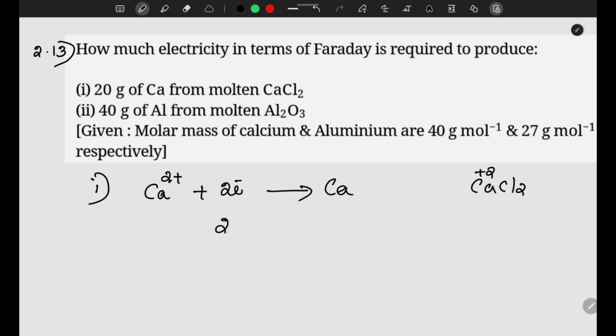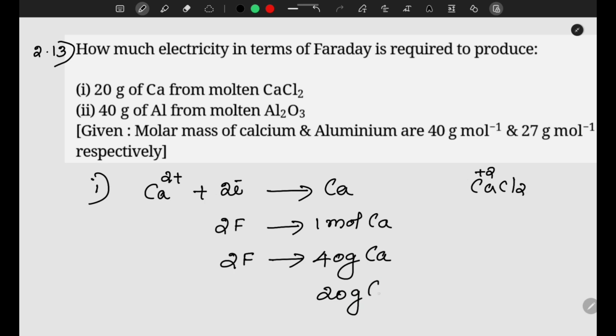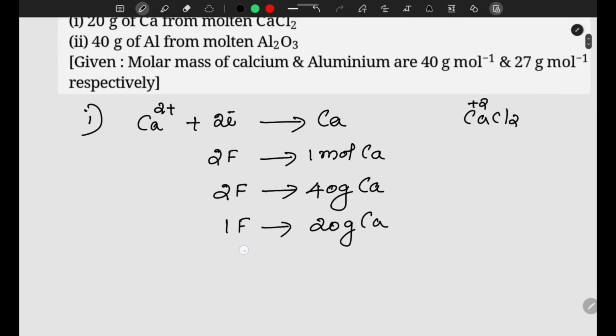Charge of 2 moles of electron, that's 2 Faraday. 2 Faraday will give you 1 mole calcium. That is, molar mass of calcium is 40 gram. So we get 40 gram of calcium by using 2 Faraday. Therefore, to get 20 gram of calcium, we need half of it. That is, 1 Faraday will give you 20 gram of calcium.